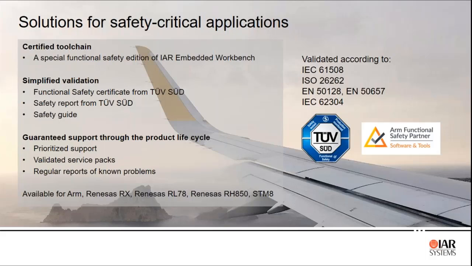Similarly, ISO 26262 for automotive goes from ASIL A till D. Mainly where I want to come is that starting from, for example, SIL 2, it's highly recommended to use certified toolchains.